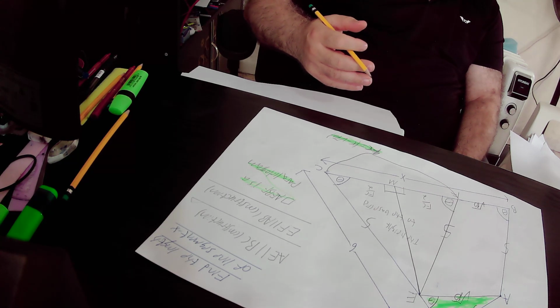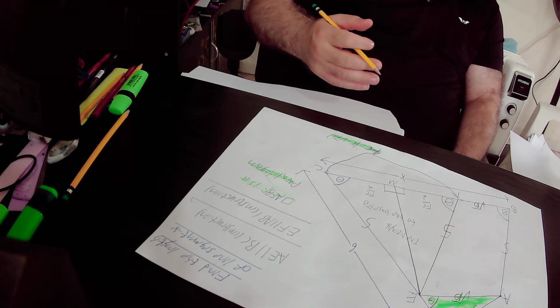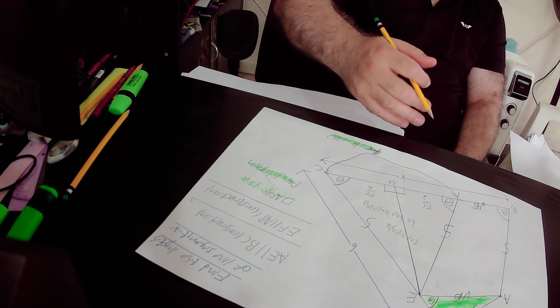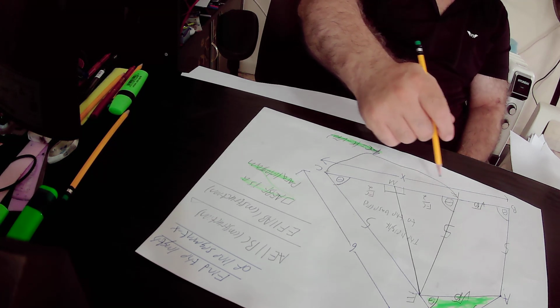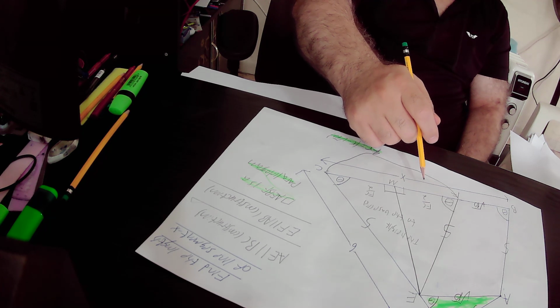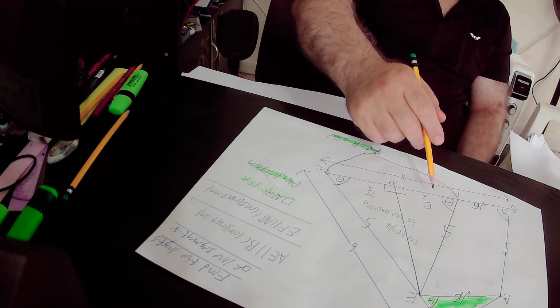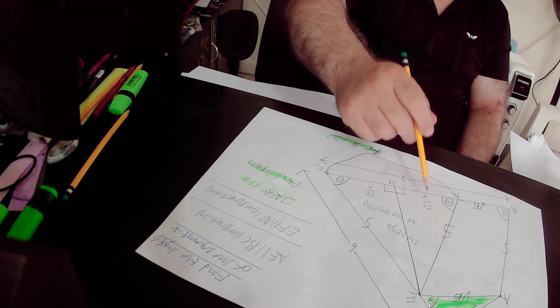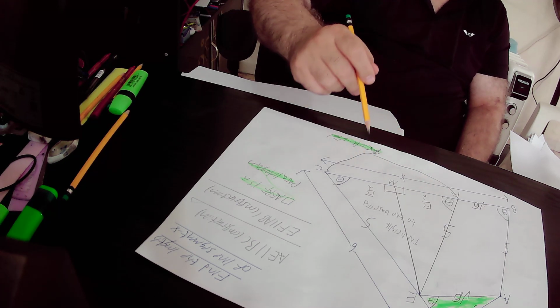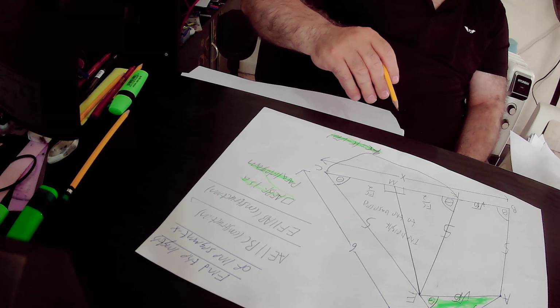Each part must be equal to one half. So side FM will be equal to FC over 2, and side MC will also be equal to FC over 2.